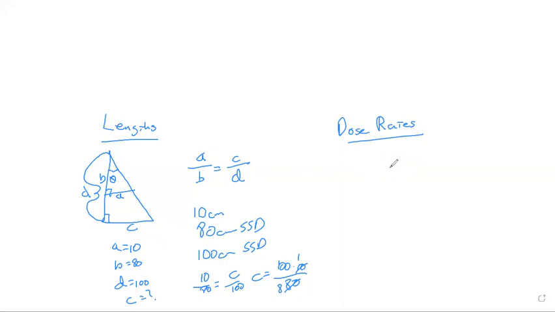Dose rates, on the other hand, operate a little differently. Say you've got a source that's emitting radiation. The amount of radiation that you would see here is going to be different than what you would see as things spread out this way.